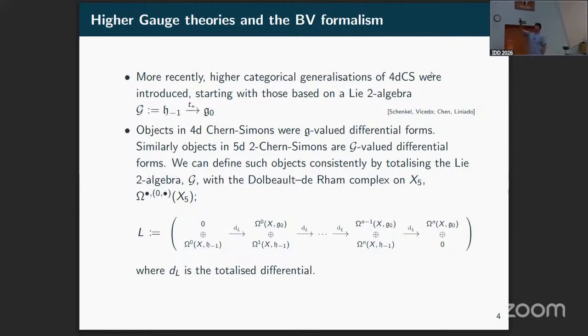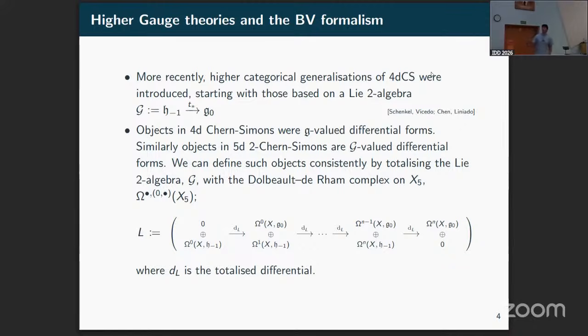You can define them in this sort of way: the same way we take the G and tensor product it with the forms, we tensor product our complex or 2-algebra with the differential forms. I've tried to demonstrate this here. The important thing here is that this 2-group consists of 2 groups: H of degree -1, and then you have this degree 1 mapping T star, which takes you to degree 0, G.